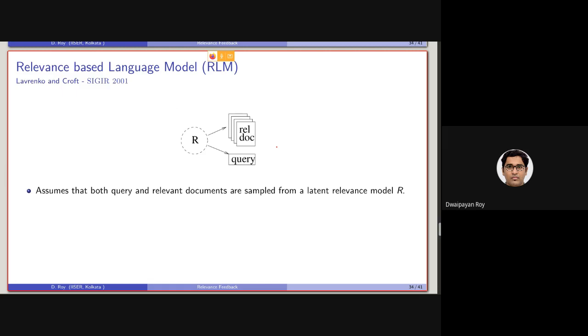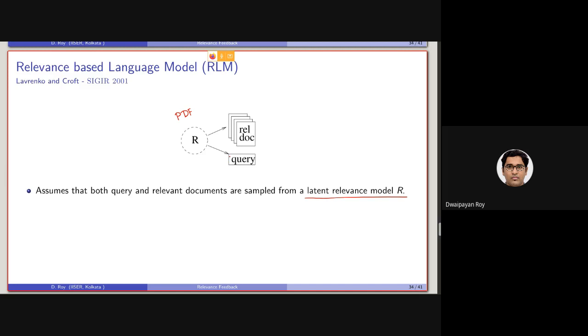So in this paper, what the authors did was they assumed that there is a latent relevance model. You can consider this as a simple PDF, probability density function, which is generating the set of relevant documents as well as the query.